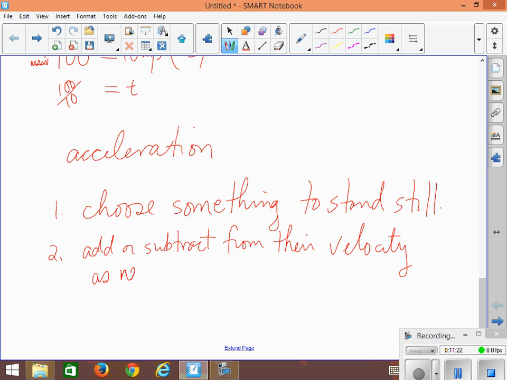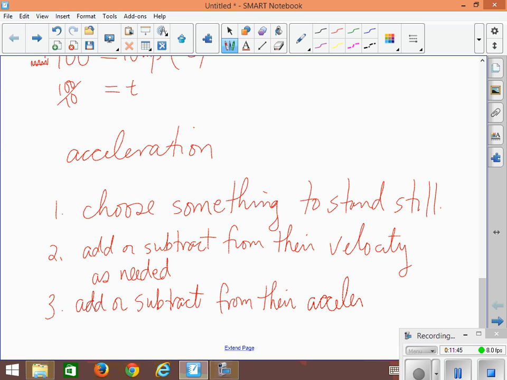So whatever you have to do, if you have to add 7 or subtract 5 or whatever you need to do to make it equal to 0. And then you also add or subtract to their acceleration in the very same way. So we'll do a quick example of that in a second. And then at that point, you can solve the problem.